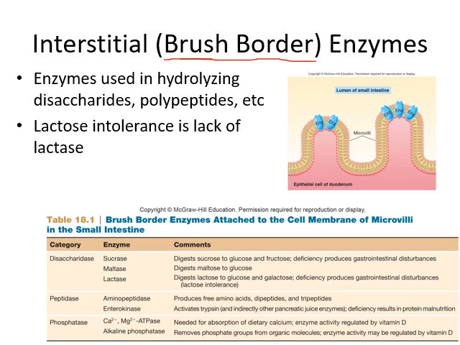Okay, for proteins, it would be breaking those peptide bonds. And then we'll see for lipase, it would be breaking down the bonds in lipids. But these brush border enzymes, okay, you can see have some activities. They're going to break down disaccharides.